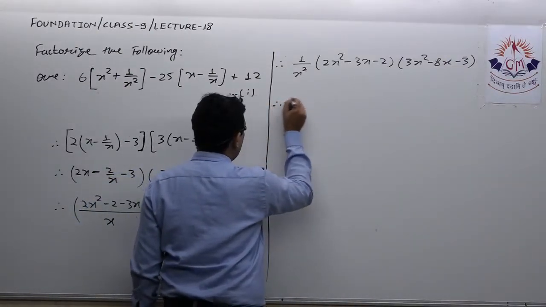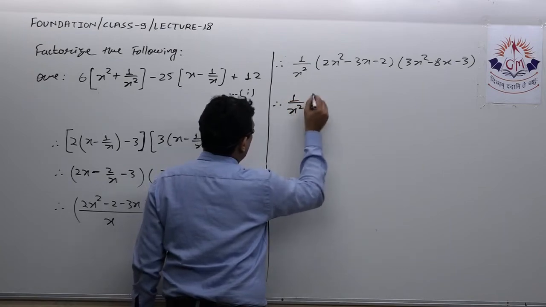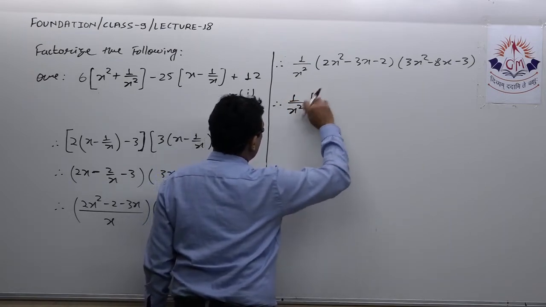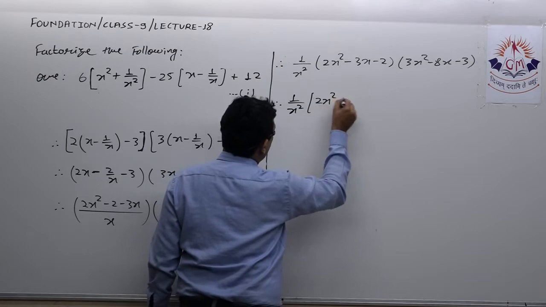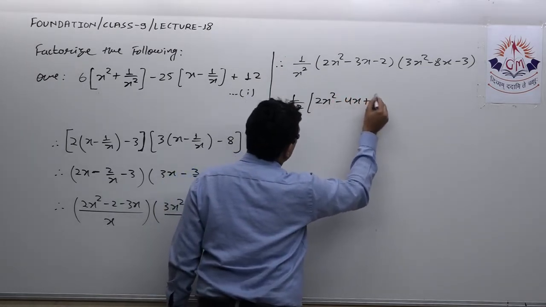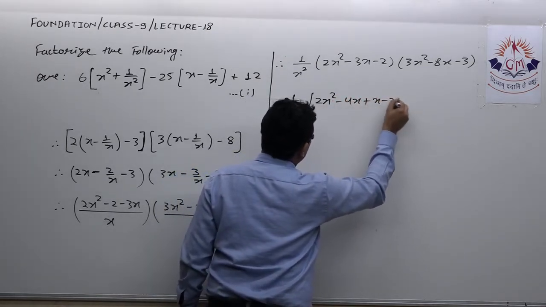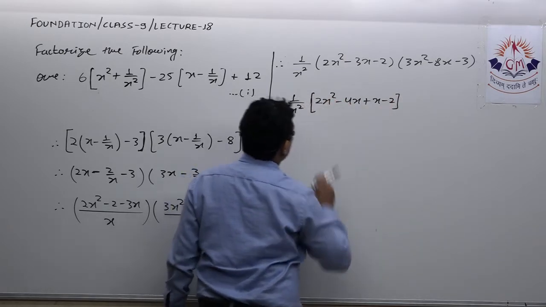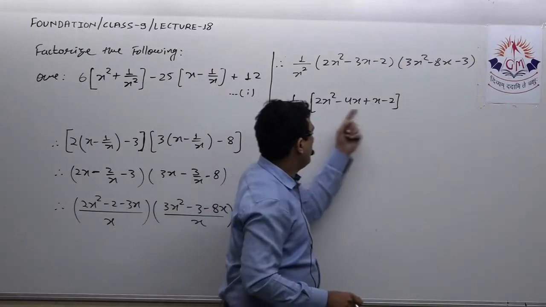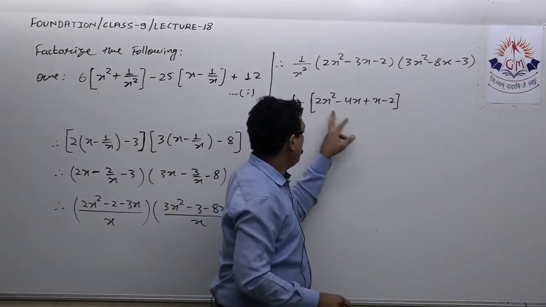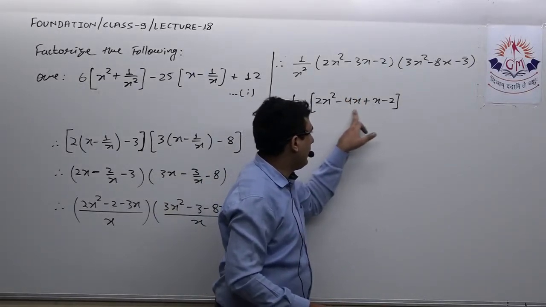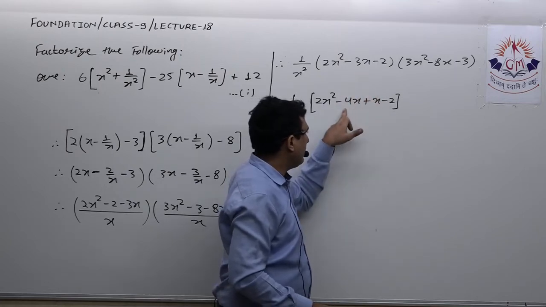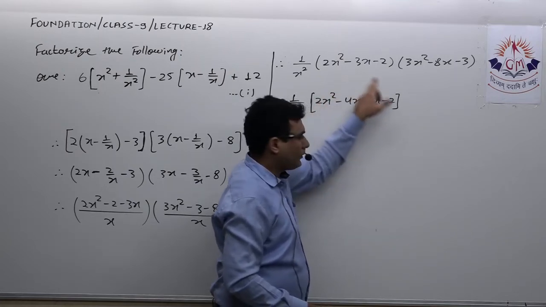So let us see how to do that. So here 2x square minus 4x plus x minus 2, that is minus 4x plus x minus 1. Now again, one thing I check: minus 4x plus x is minus 3x, and the product of these two is the product of first and last.